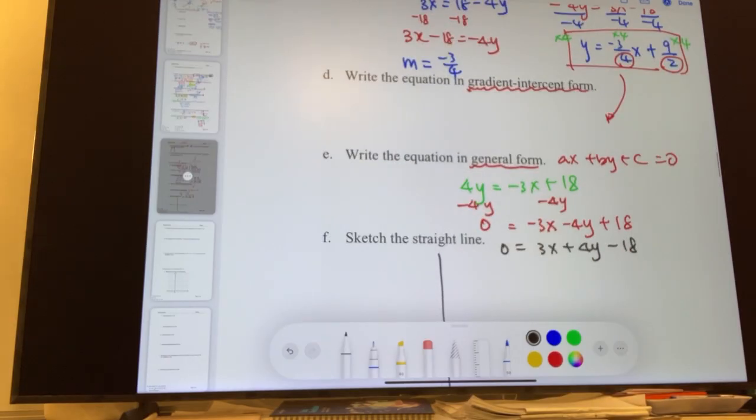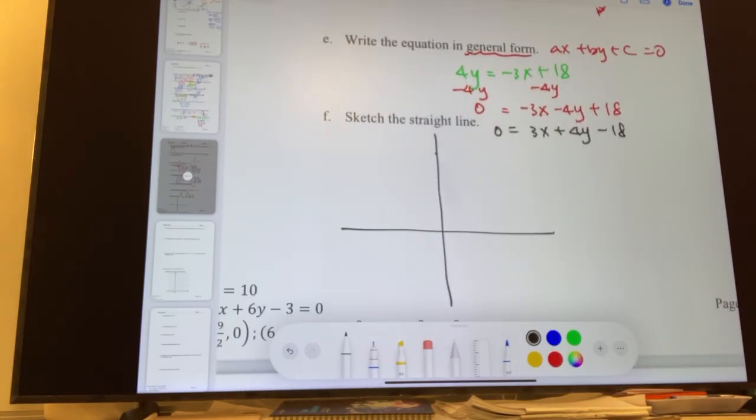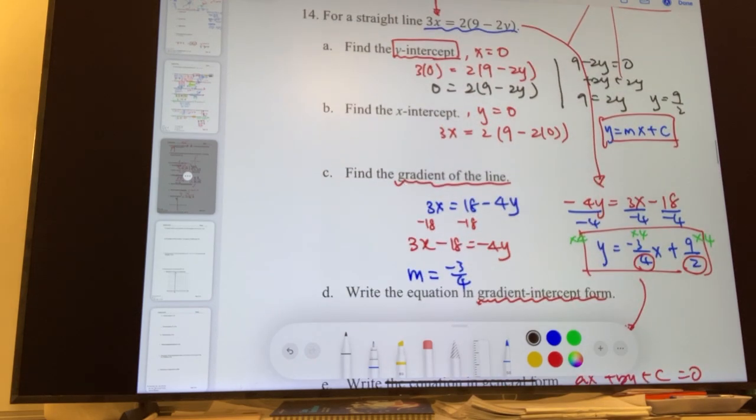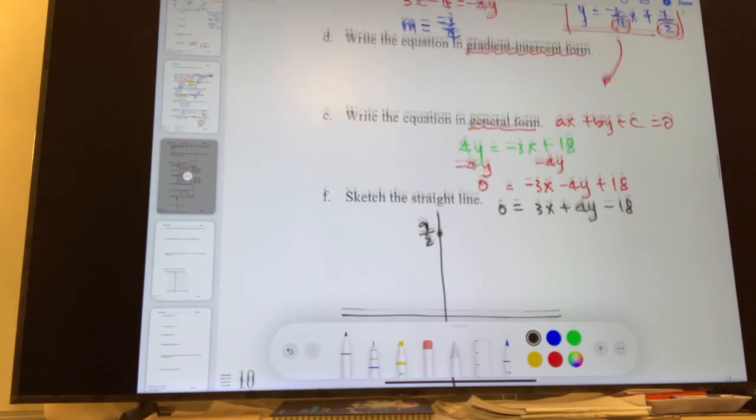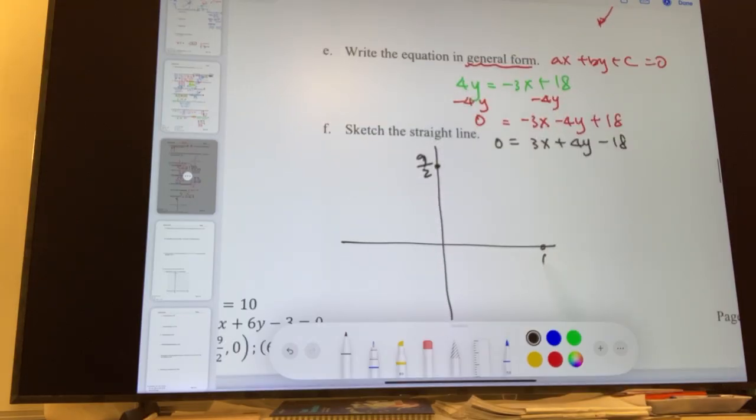Do you have y equal to 9 on 2 in here? And the other point, if you put y equal to 0, you have 3x equal to 18, therefore x equal to 6. So x equal to 6 is going to be right here. So your line is going to go down this way.